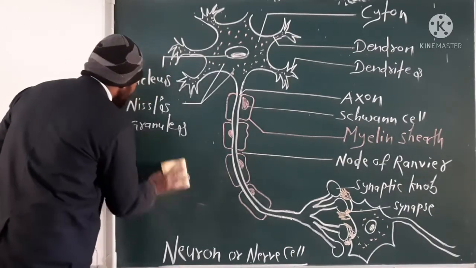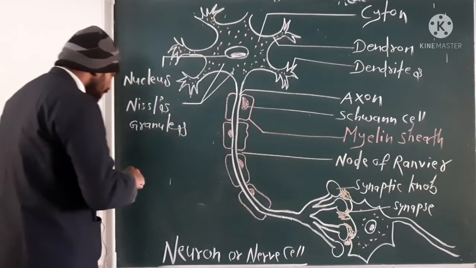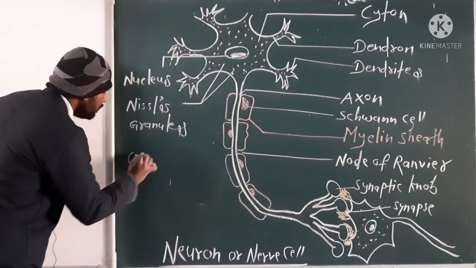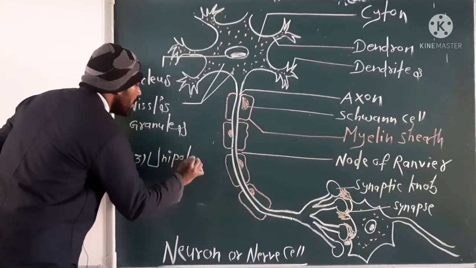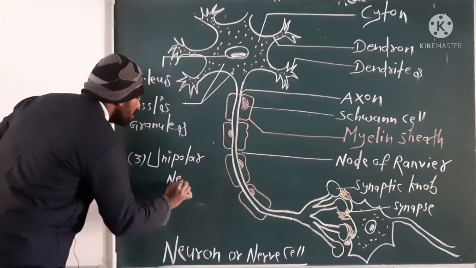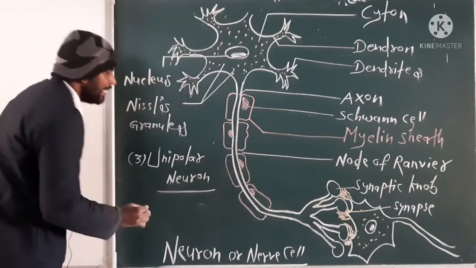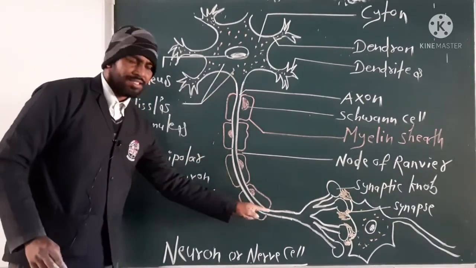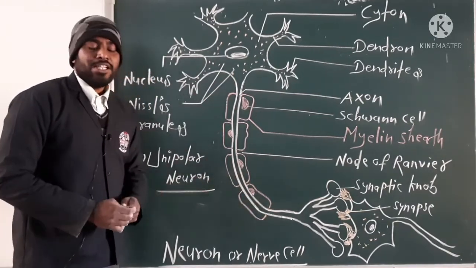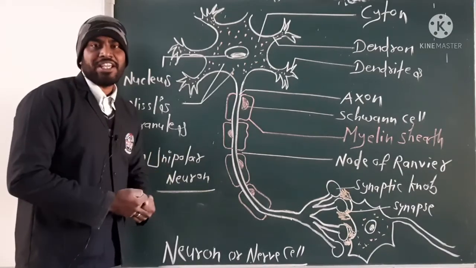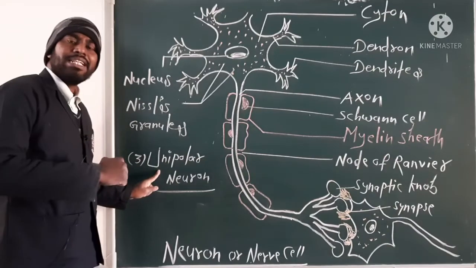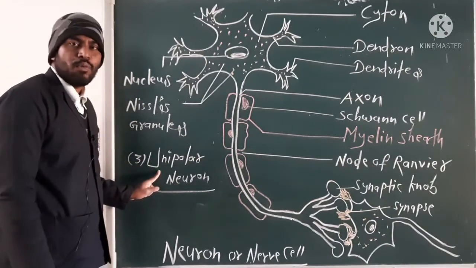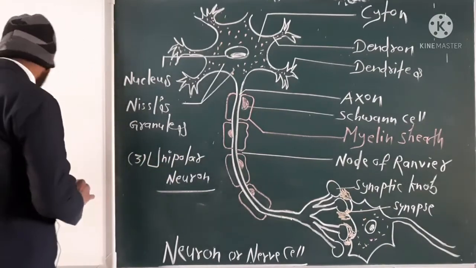The third type of neuron is known as unipolar. So a unipolar neuron contains only a single axon, and it is present during the embryonic stage of the embryo or fetus, once it is developing in the mother's womb. Okay, so that unipolar neuron is seen over there.